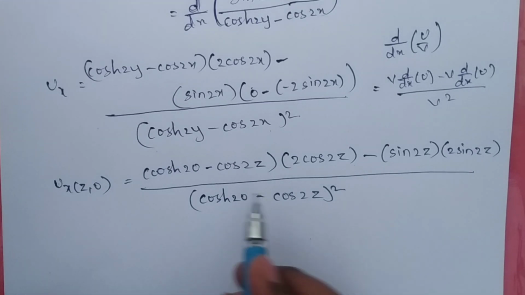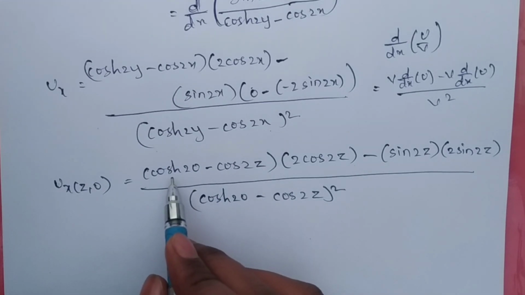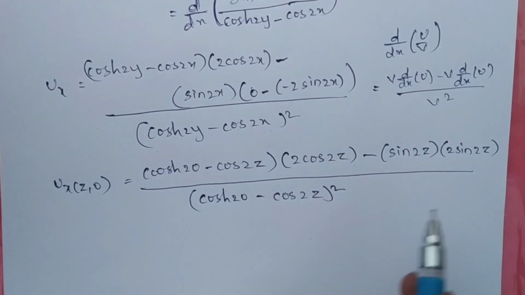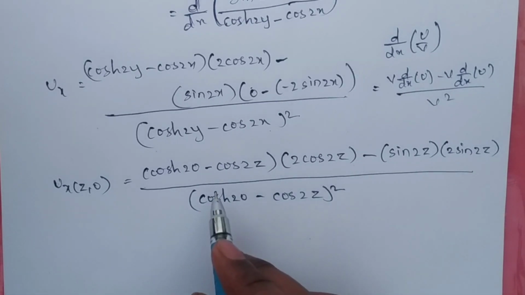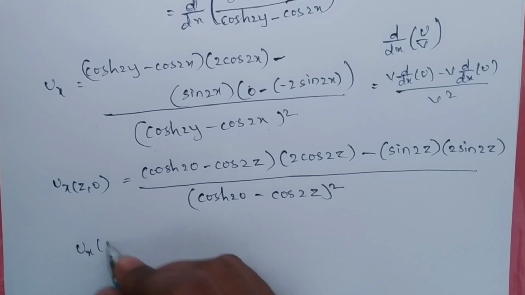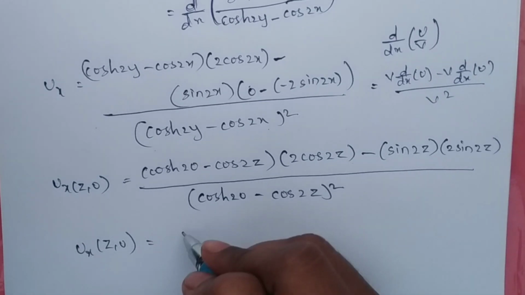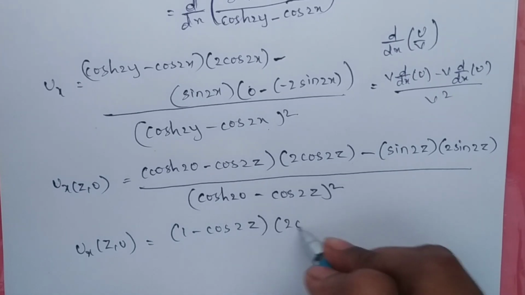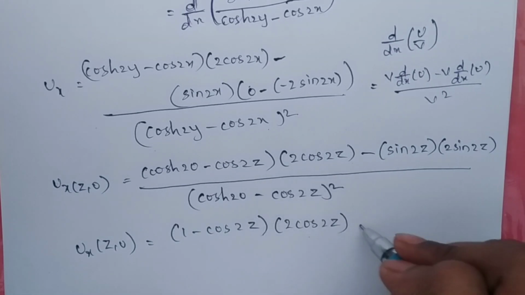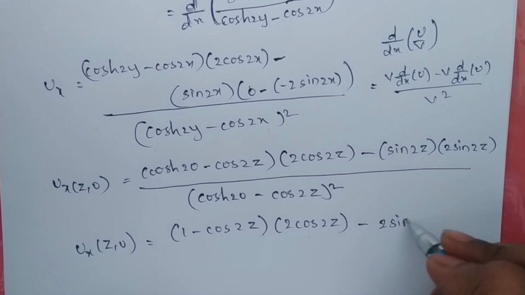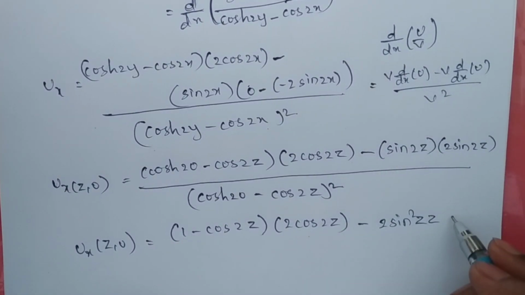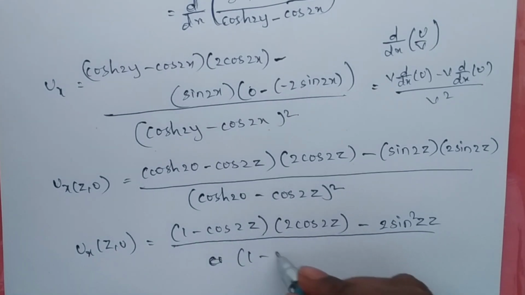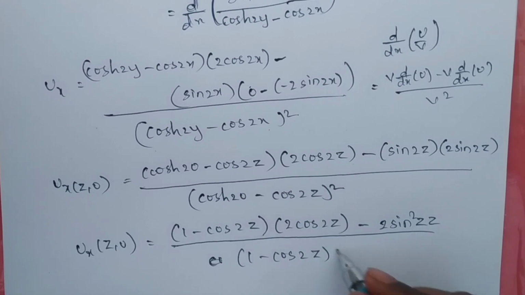If we see here, the cos h 0 value is 1. So ux at z comma 0 equals 1 minus cos 2z into 2 cos 2z minus 2 sin square 2z by 1 minus cos 2z whole square.